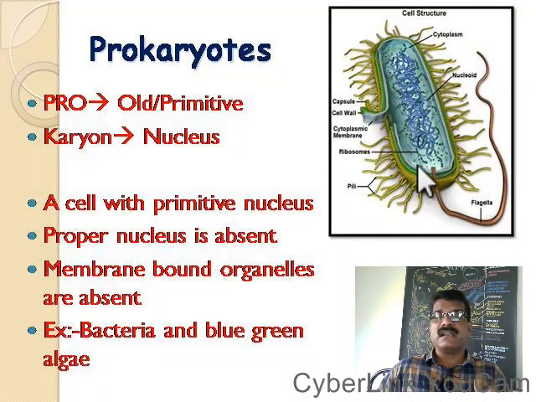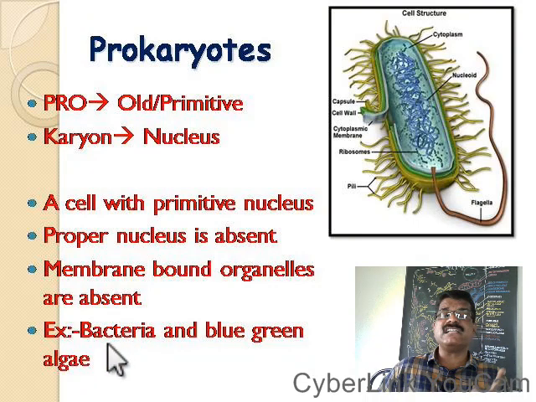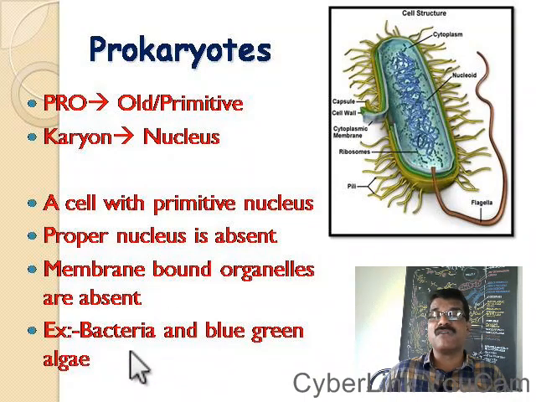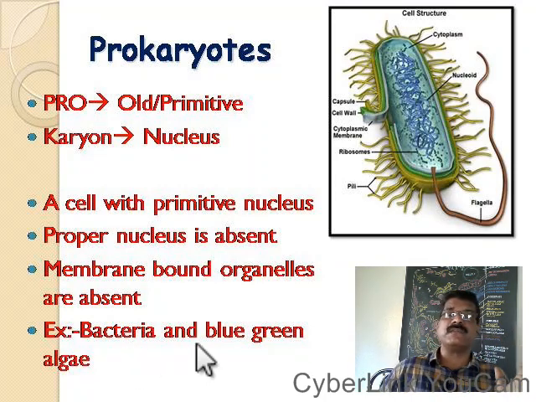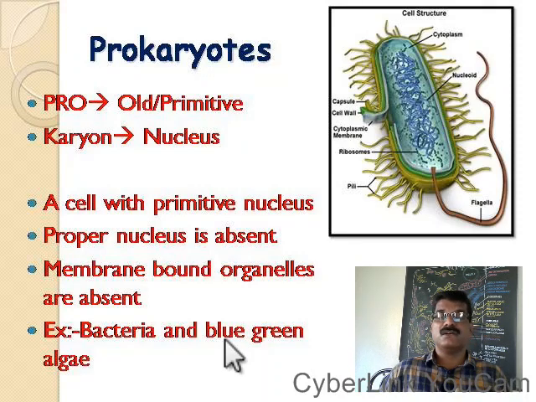So a cell which possesses a primitive nucleus or the nucleoid, and in which the membrane bound organelles are absent, is known as the prokaryotic cell. Example, the cells of bacteria and blue-green algae. All other cells except bacteria and blue-green algae are eukaryotic cells.